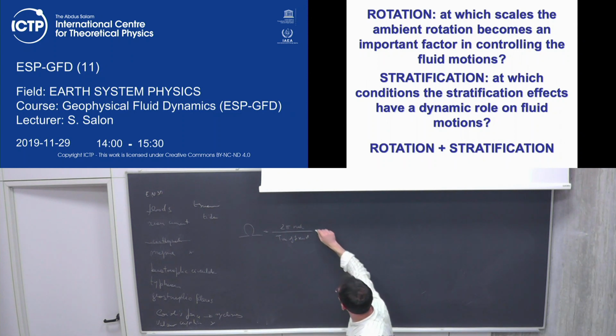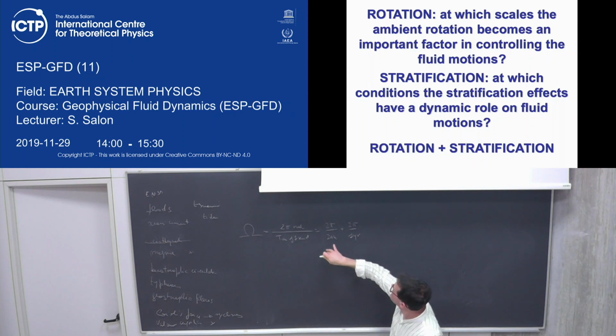So this will be 2 pi over 24 hours plus 2 pi over 1 year, because we have the rotation related to a revolution and the rotation around the sun. Of course, this is much smaller than this one, right?